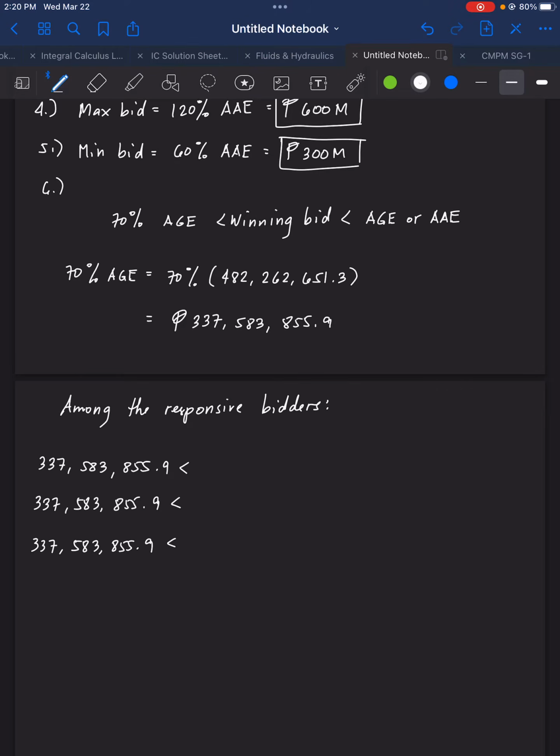So this is bidder A. So bid A, bid C, and bid D.